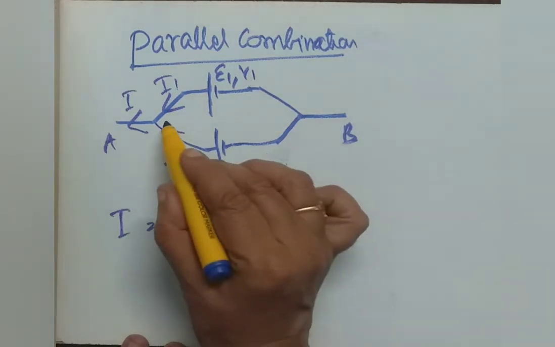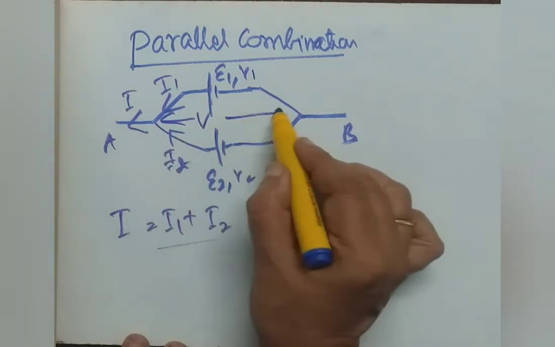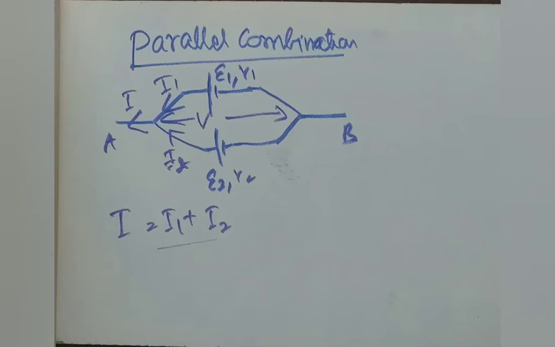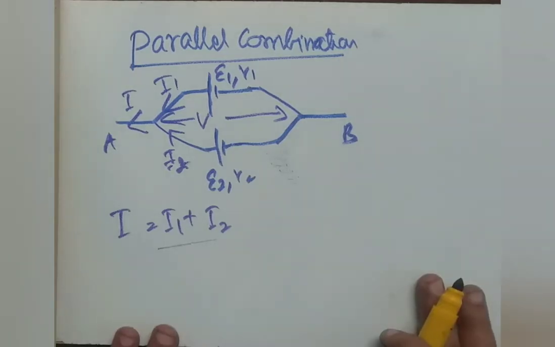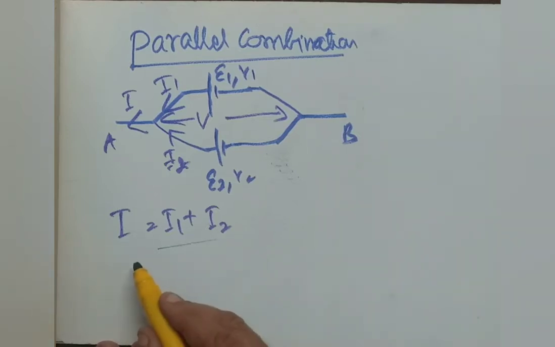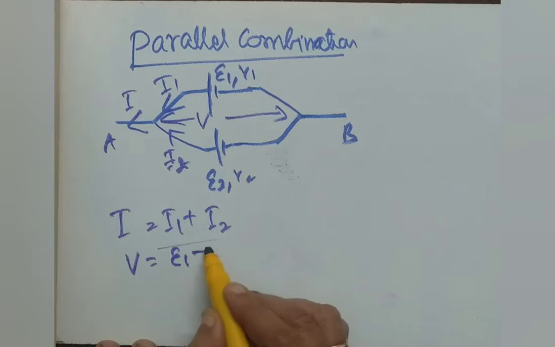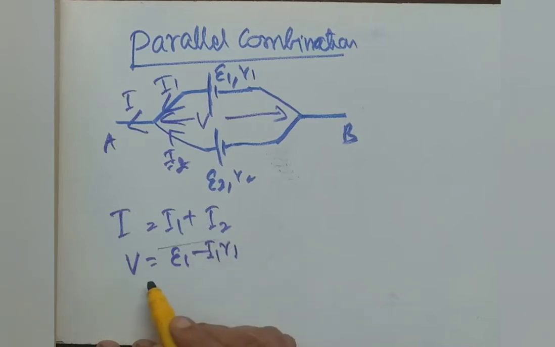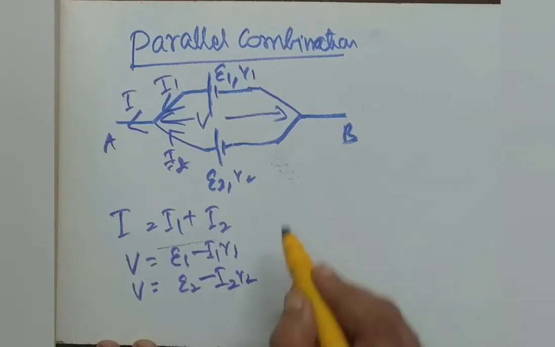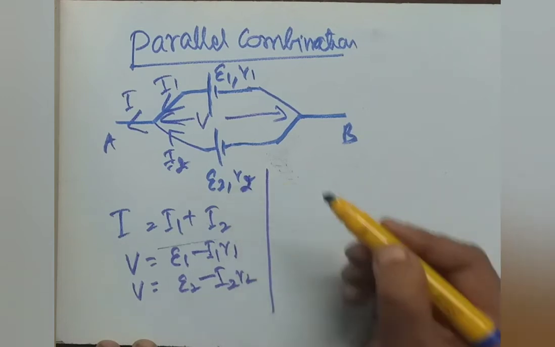Also, as we can see, the terminal potential difference V across the two cells is the same, because they are connected in parallel. We write the terminal potential difference V as E1 minus I1 R1. At the same time, for the second cell, V equals E2 minus I2 R2.